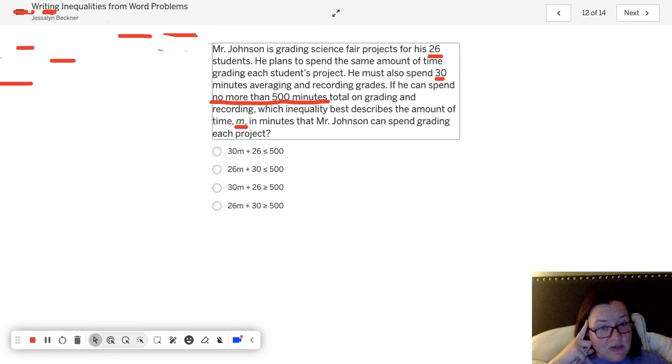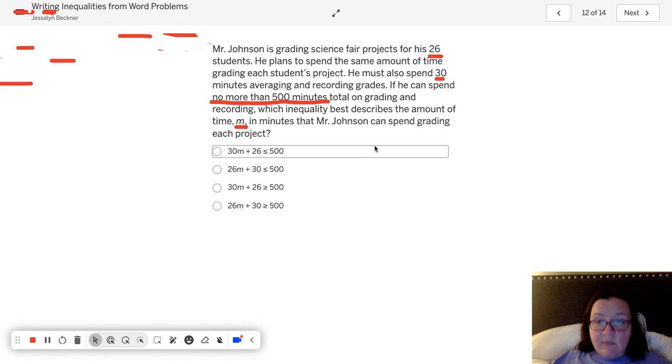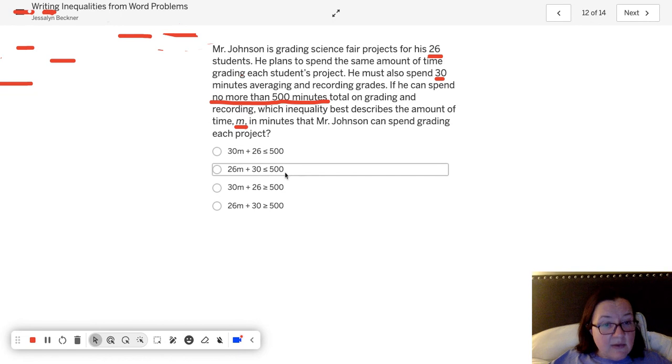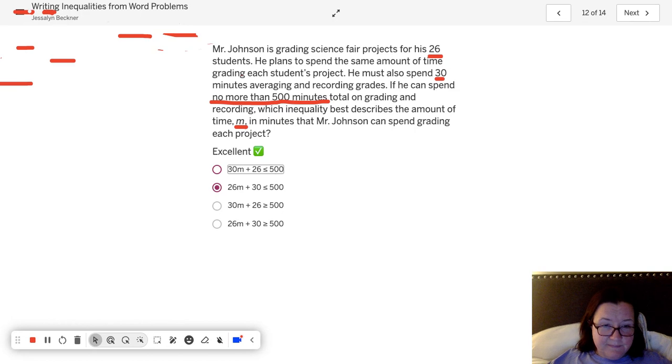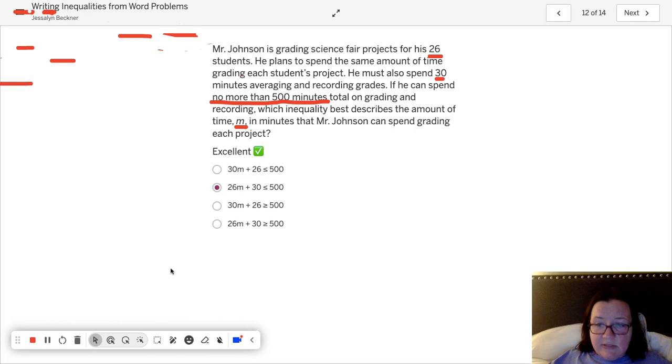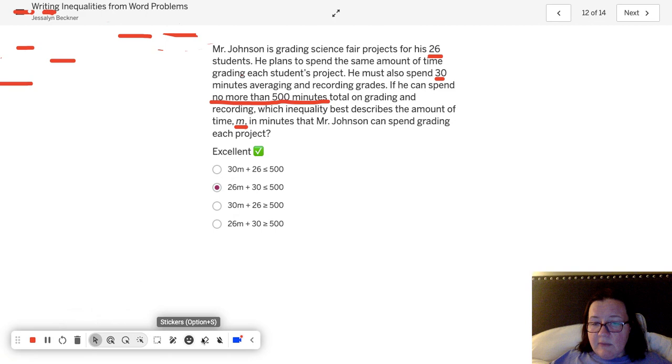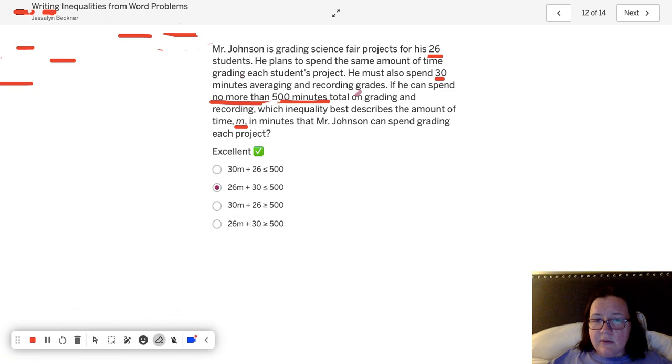So thinking back to our keyword chart, no more than means we could equal this amount of minutes, 500, but we can't go over it. So we need 26M plus 30 is less than or equal to 500. B. Make sure your answer matches mine. And I'm going to go ahead and erase all of my markings. Our answer for number 12 was B.